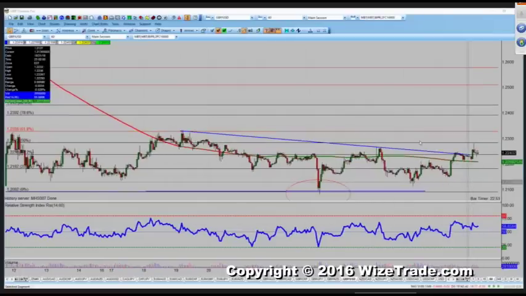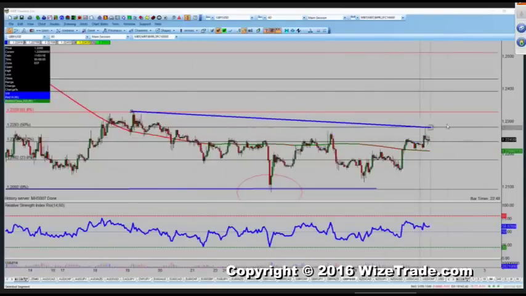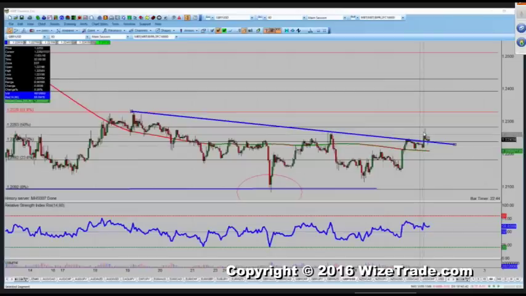Because you'll notice this trend line, this one right here that we drew, take a look. Basically, we're supported while above it, so we have support right here. While we're above 122.10, we're well supported.